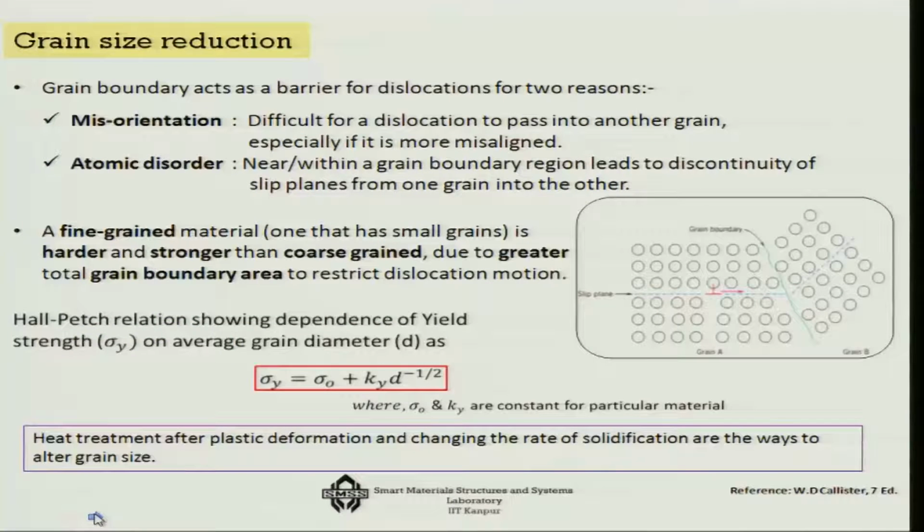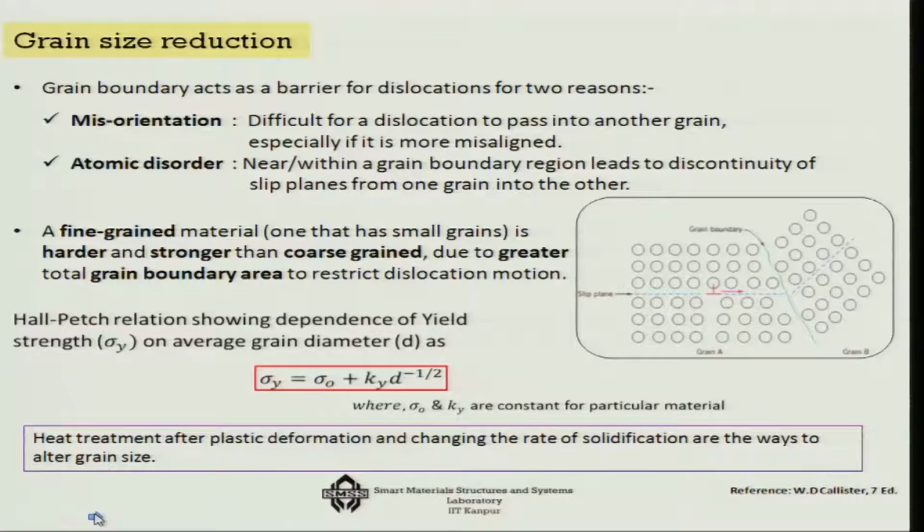First of all, we discuss grain size reduction. Now, the grain boundary acts as a barrier for dislocations, but how does it act as a barrier? There are two reasons by which it can happen. One is misorientation.